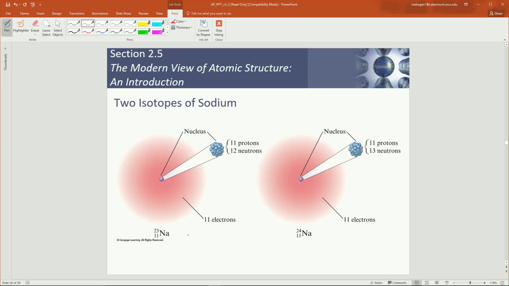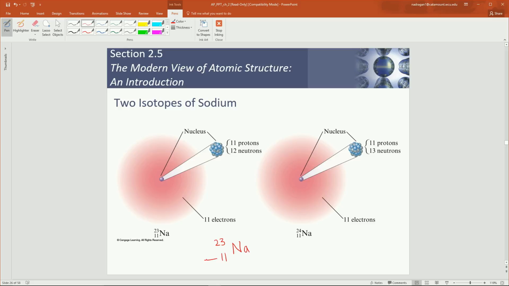If you look here, these symbols show you the atomic number. Let me write this down here. If this is sodium, then the numbers contained here, I'm going to copy it for sodium 23.